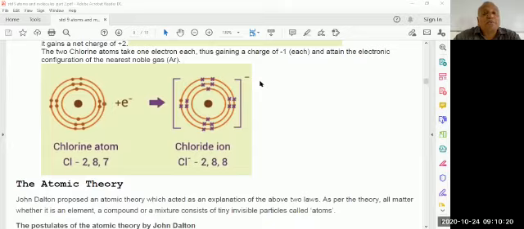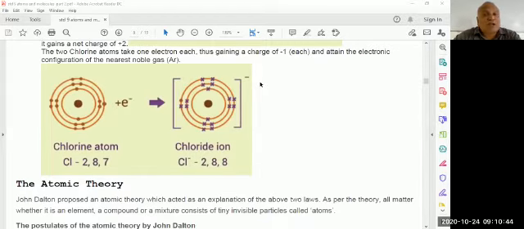So friends, keep the ide suffix for negatively charged ions. For example, chlorine becomes chloride, bromine becomes bromide, fluorine becomes fluoride, iodine becomes iodide. So the ide suffix is added to negatively charged ions.